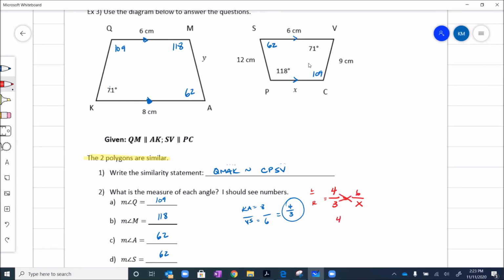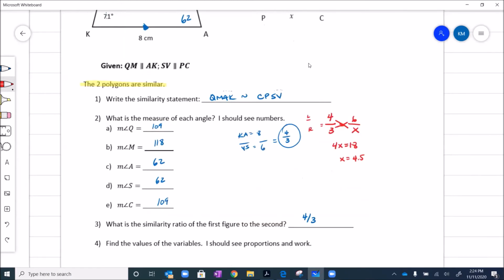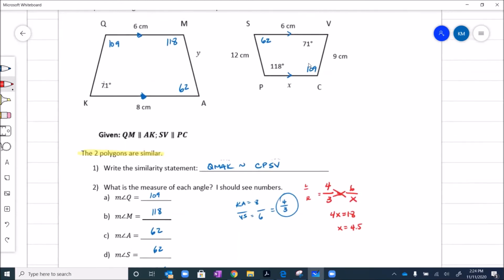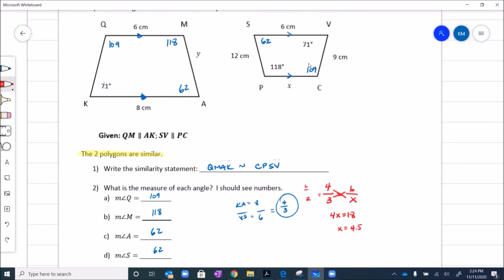4x equals 18. Divide by 4, x equals 4.5. Okay. I can do the same thing for y. Just change color so it's easier to see different.